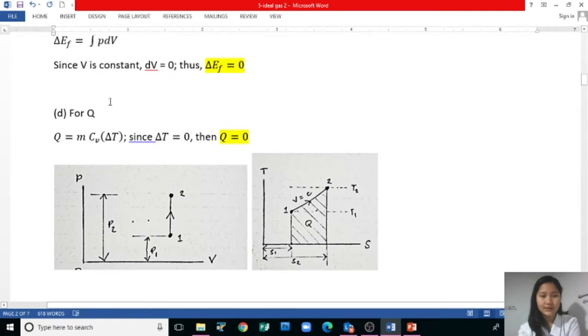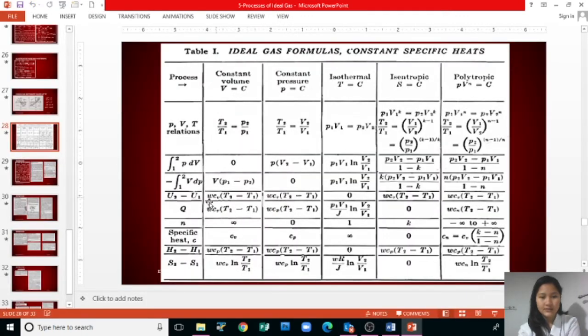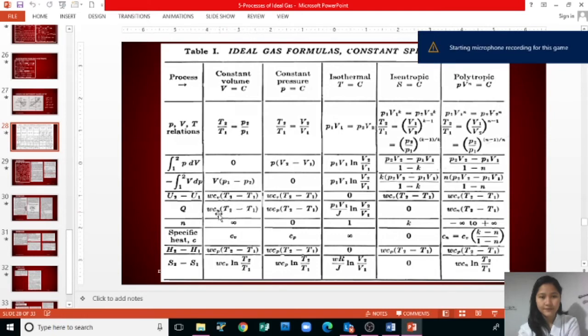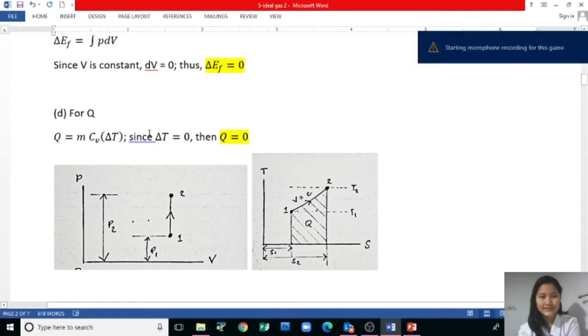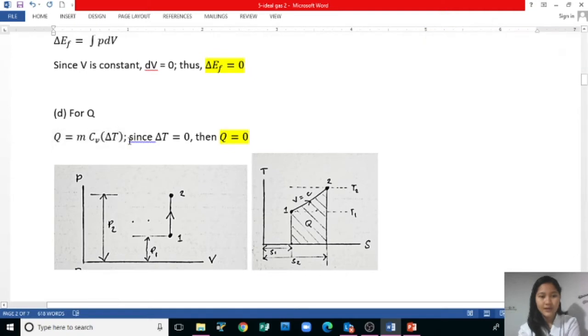Next, for Q, or the transferred heat, the formula for Q is equal to mass times the specific heat times delta T. Since from the given delta T is equal to 0, then Q is equal to 0.